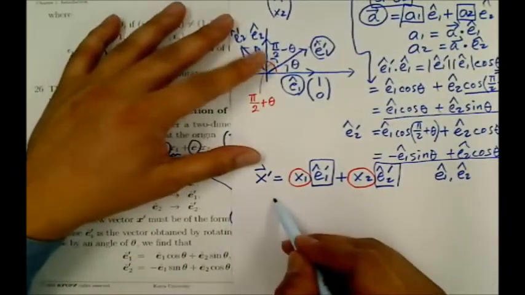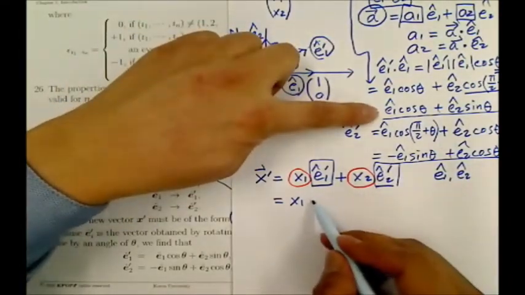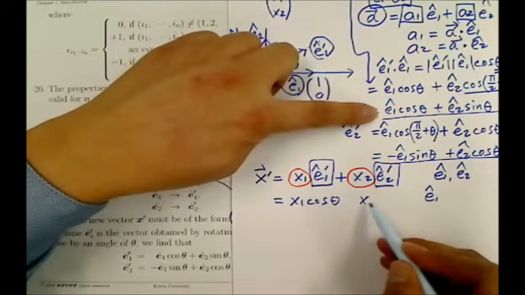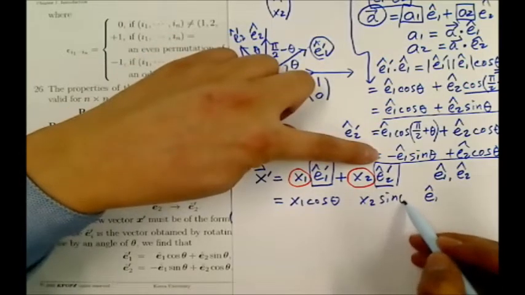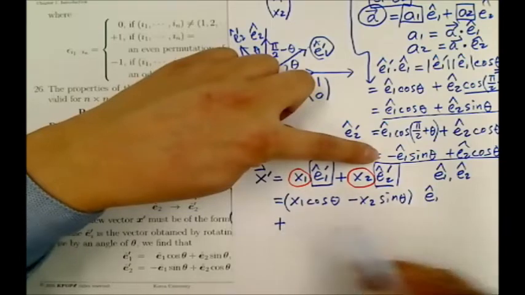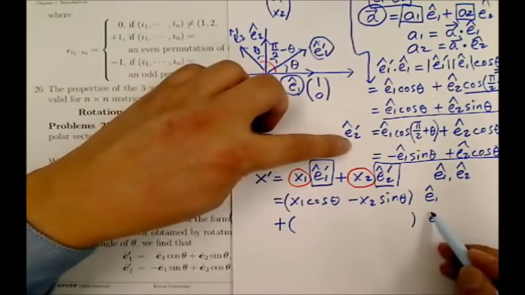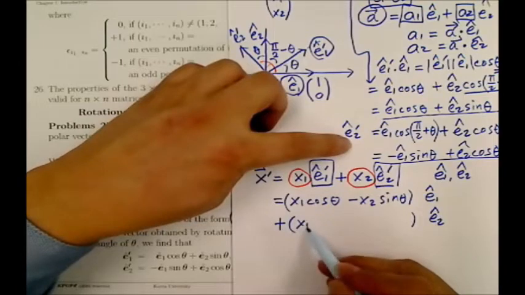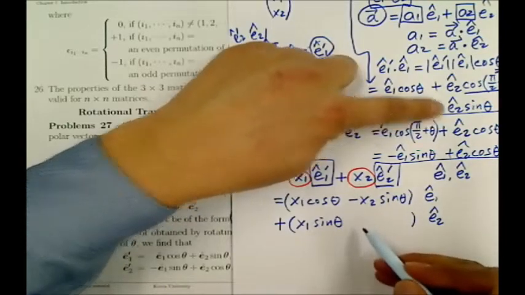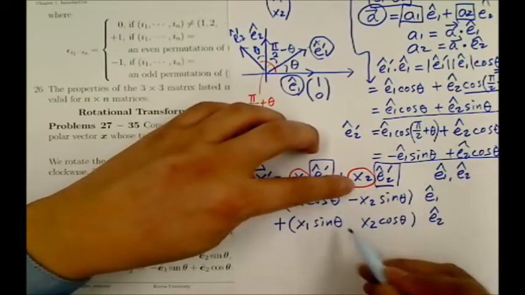The result is that this is proportional to E1 hat (x1 cosine theta minus x2 sine theta) plus E2 hat (x1 sine theta plus x2 cosine theta).